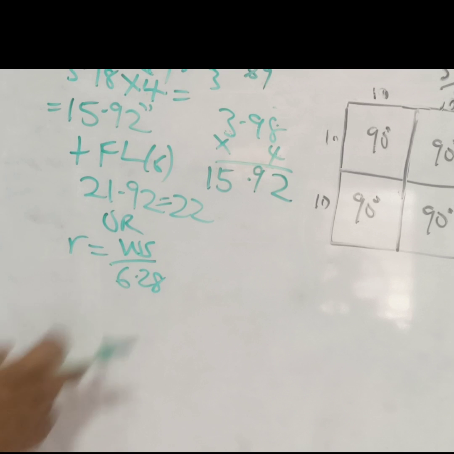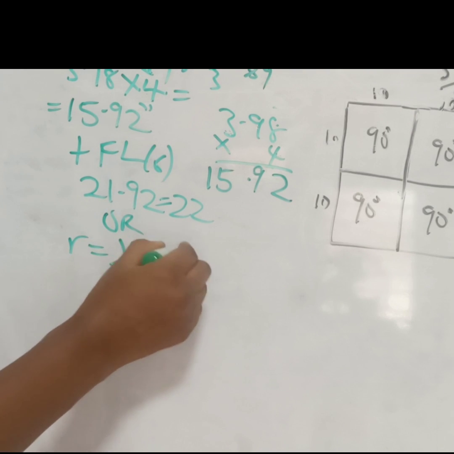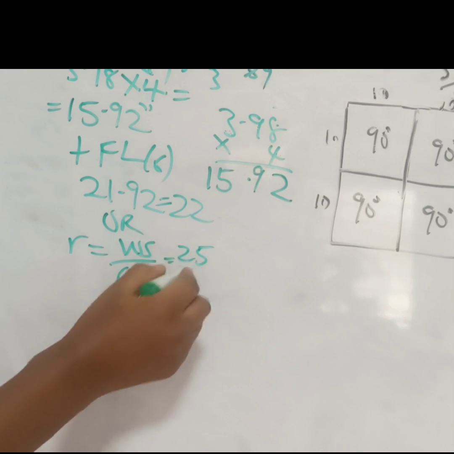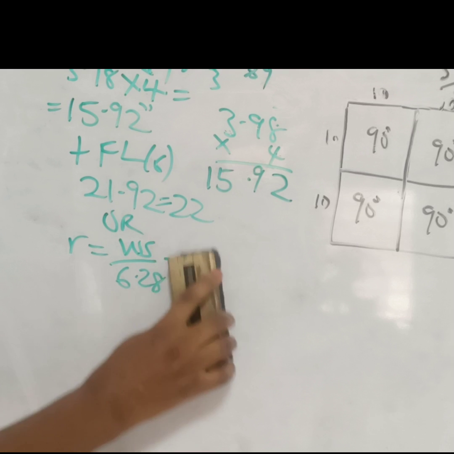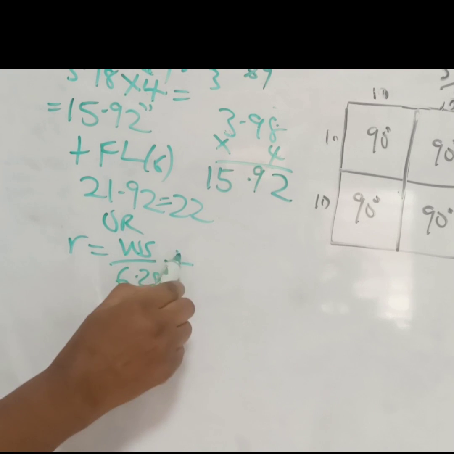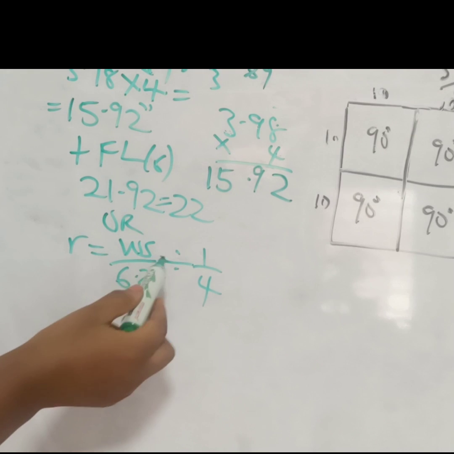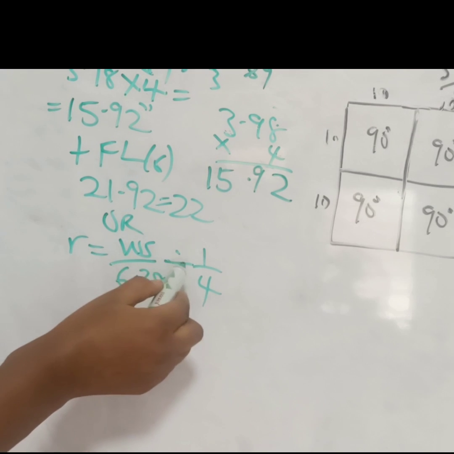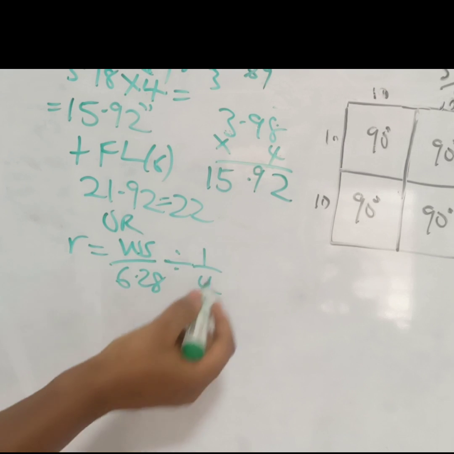In this case our waist is 25 over 6.28. So just say waist divided by 6.28, then divide by 1/4. By the time you change this to multiplication the way we did before, this will come up.